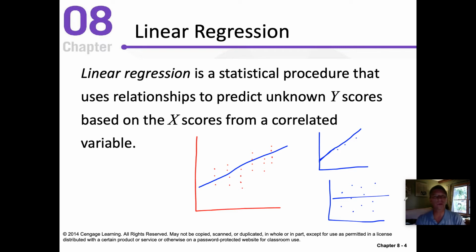Now, this is very similar to what we said about the correlation coefficient, the value of r. All right, so these things are definitely related to one another. So keep that in mind as we go a little bit further into our explanations of what a linear regression actually is.